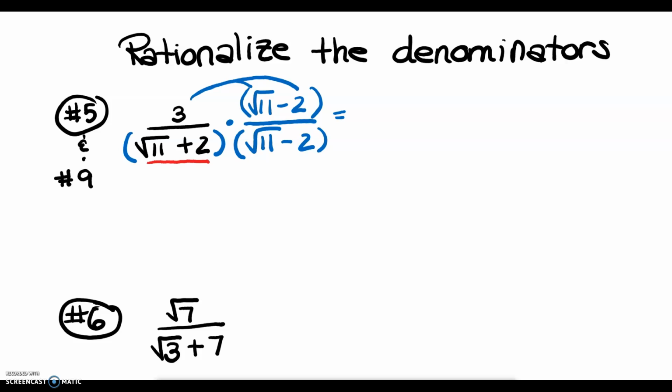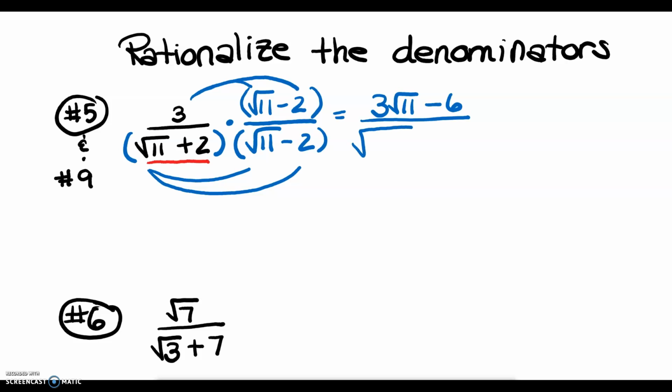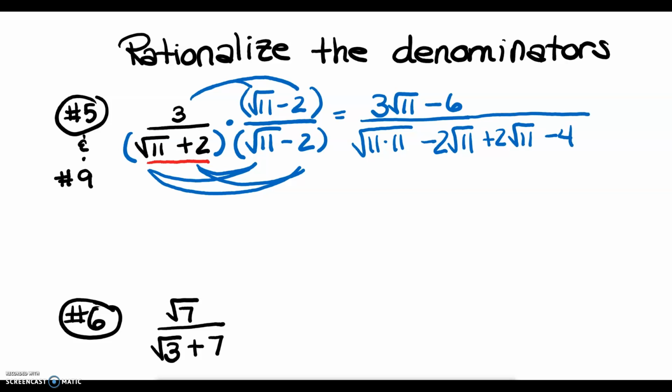So in the numerator, I have to distribute my 3 radical 11 minus 6. And in the denominator, I'm going to distribute my radical 11 first. So I get radical 11 times 11 minus 2 radical 11. When I distribute this last term, I get plus 2 radical 11 minus 4.